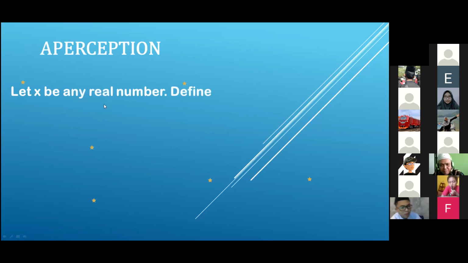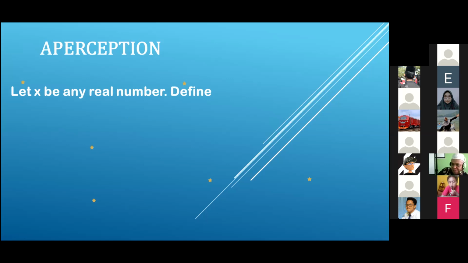Now let me remind you about the definition of absolute value of a real number. Can you tell me the definition of the absolute value of a, where a is any real number? This is our previous material.